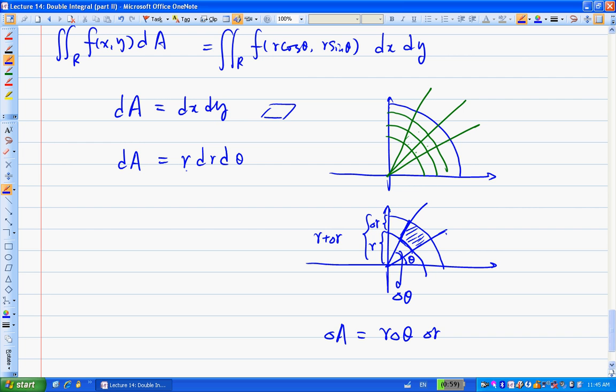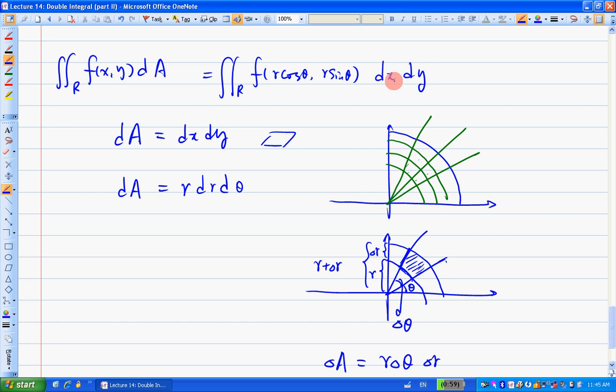So in this double integral, I'm going to replace dx dy with r dr d theta. So my new double integral is the integral of f(r cos theta, r sin theta) times r dr d theta.